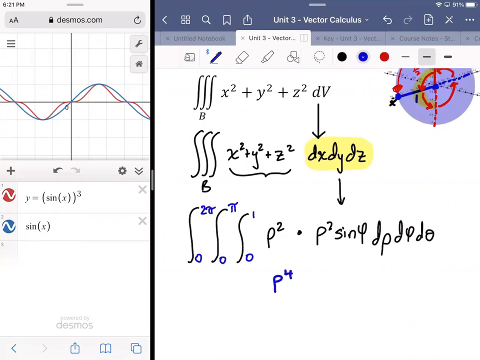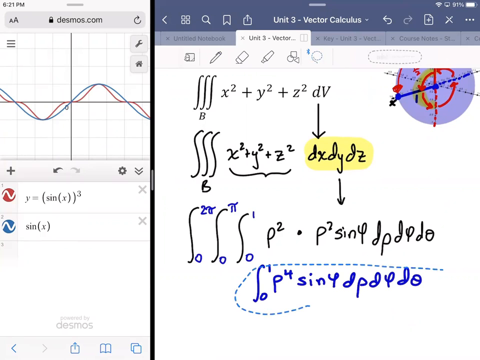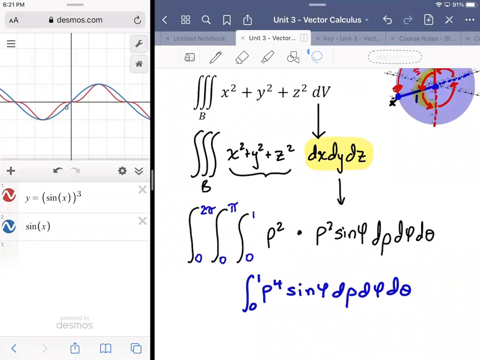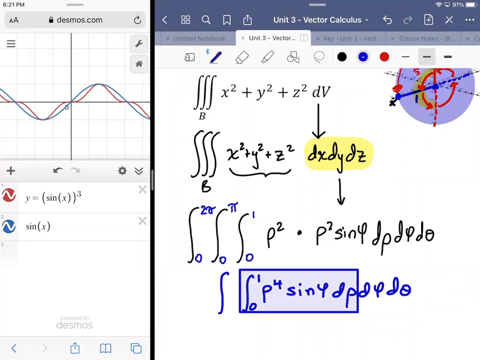We have rho to the 4th sine phi, sine phi d rho d phi d theta. We're going to evaluate it over 0 to 1 first. That's those rhos. Then we'll take care of the rest of it. 0 to pi, 0 to 2 pi.